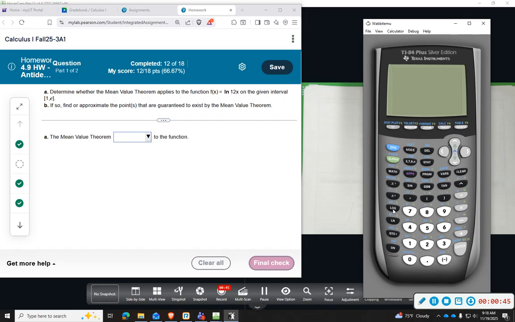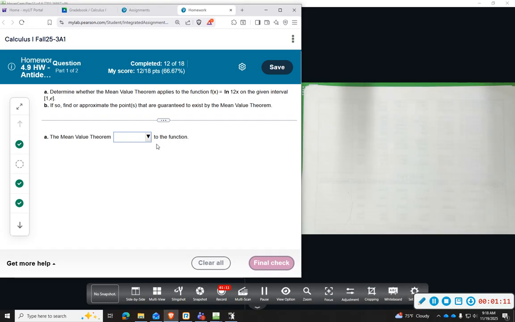Just to show you, if you do ln of 12 times 1, which would just be 12, you compute, you get a value, and then if we do ln of 12 times e, which is like 2.71 something, we'll get another value. So these are two values. It does exist. Since it's continuous, we know that we can take a derivative. So we will say the mean value theorem applies.